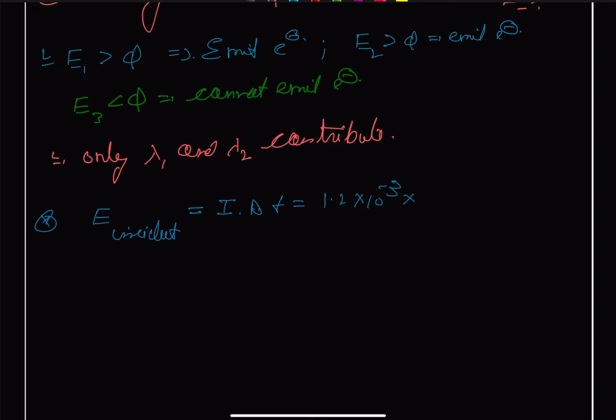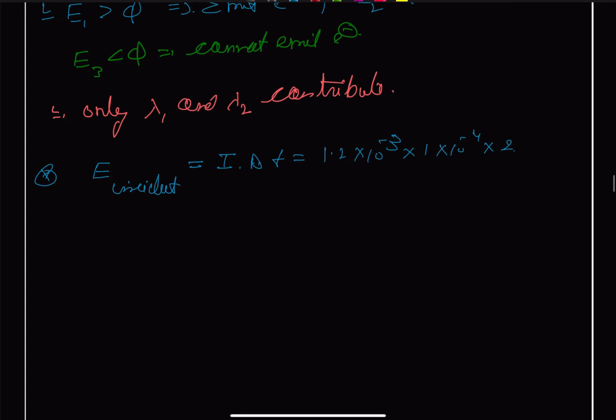Area is given to us as 1 into 10 to the power minus 4. Time is our 2 seconds. Therefore this energy incident will be equal to 2.4 into 10 to the power minus 7 joule. And please remember, this is for each lambda.